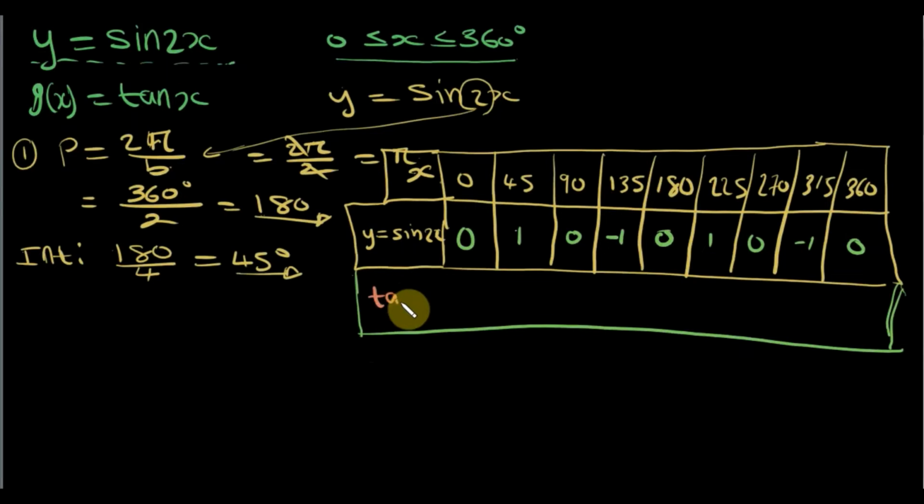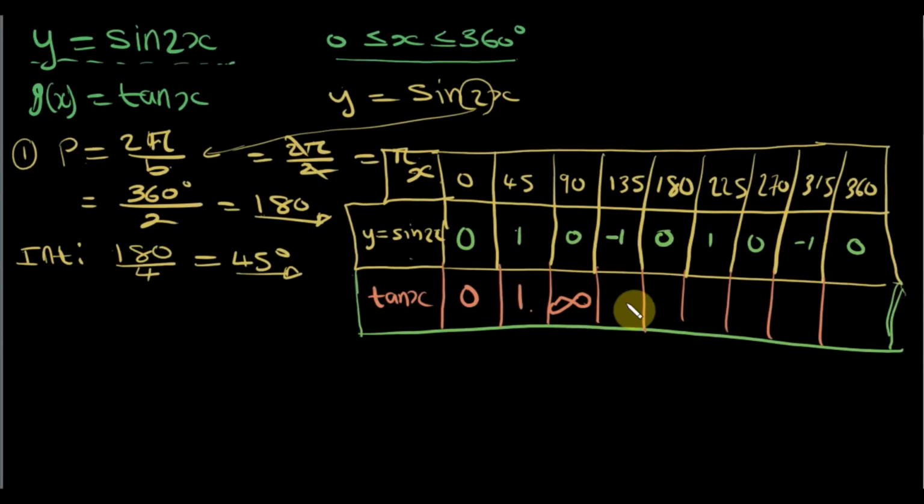Let's plot all these functions on the same graph. Okay, tan of 0 is 0. Tan 45 is 1.